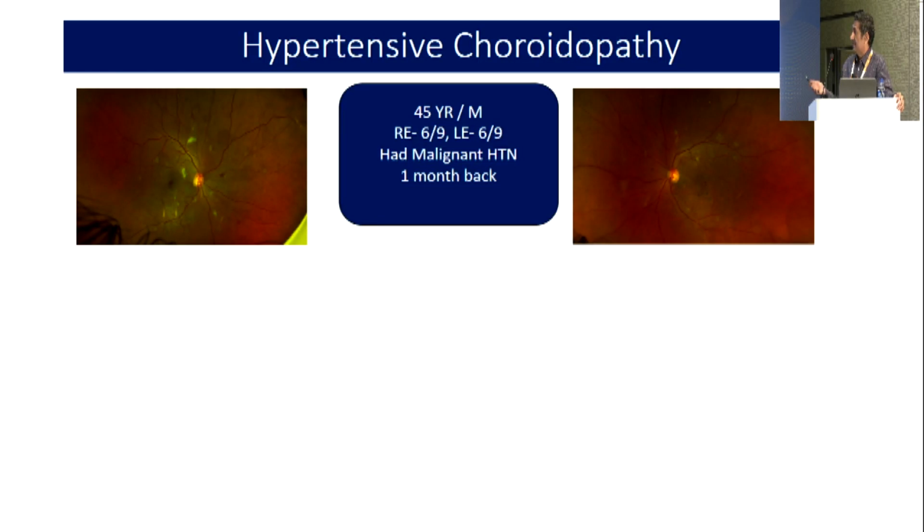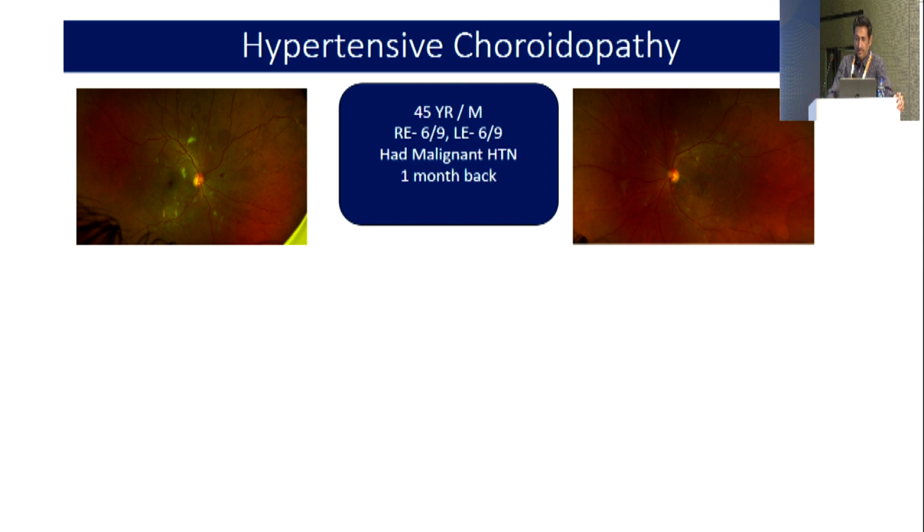Similarly, this is the last case, hypertensive choroidopathy. So whenever there is accelerated hypertension, it can cause changes in the retina, the choroid, and optic neuropathy also. And doing FFA in such cases is difficult because there is already uncontrolled hypertension.